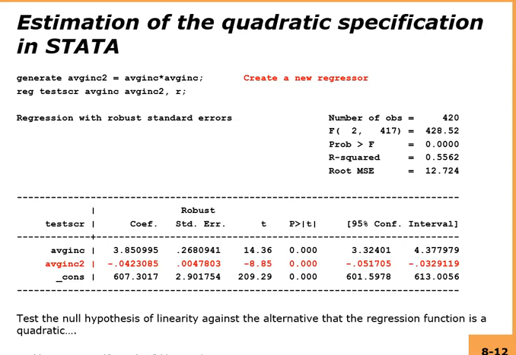If it is, you can even add AVGINC4, which will be AVGINC to the power 4. So you keep on adding polynomials of a higher degree until you see a lack of significance.